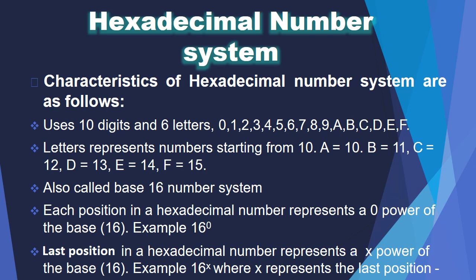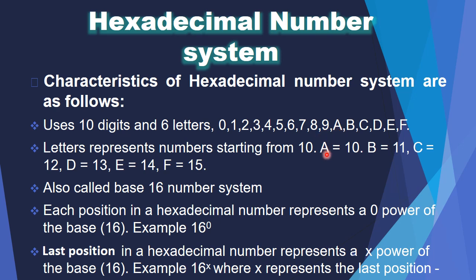The digits of the hexadecimal number system are 10 digits and 6 letters. That is 0, 1, 2, 3, 4, 5, 6, 7, 8, 9, and then A, B, C, D, E, and F. So letters represent numbers starting from 10. Why 10? Up to 9 it is already over here.